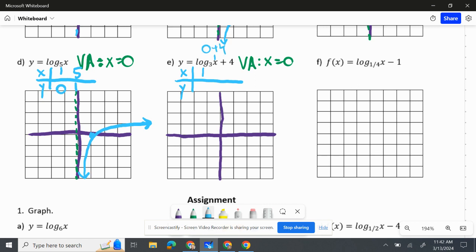And then we know 0 plus 4 is 4. Then I'm going to plug in a 3 because my base is 3. That gives us a 1. 1 plus 4 gives us a 5. So we have 1 and 4, and we have 3 and 5.